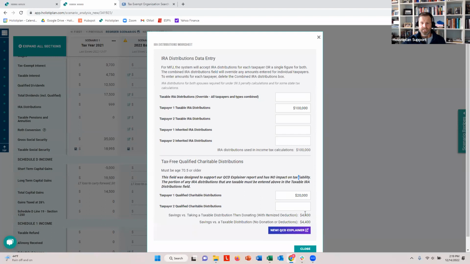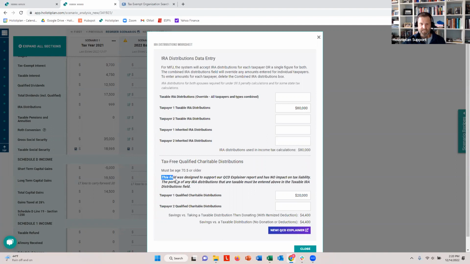So to make this still total $100,000, I just need to back this down. Now between the two, I've got an $80,000 IRA distribution and a $20,000 QCD. Only $80,000 is going towards the tax calculation, but my total distribution for taxpayer one is $100,000, right?